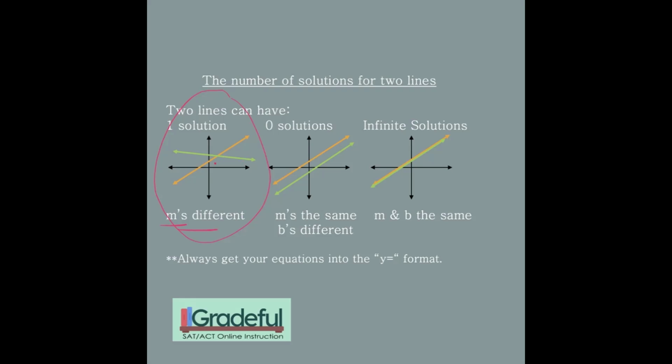That's why they're hitting, because the slopes are different and they're tilted in different directions. We'll have zero solutions if the slopes are the same and the y-intercepts are different. That's another way to describe something that's parallel. And infinite solutions if the slopes and the y-intercepts are both identical. Everything's identical because they have the same location.